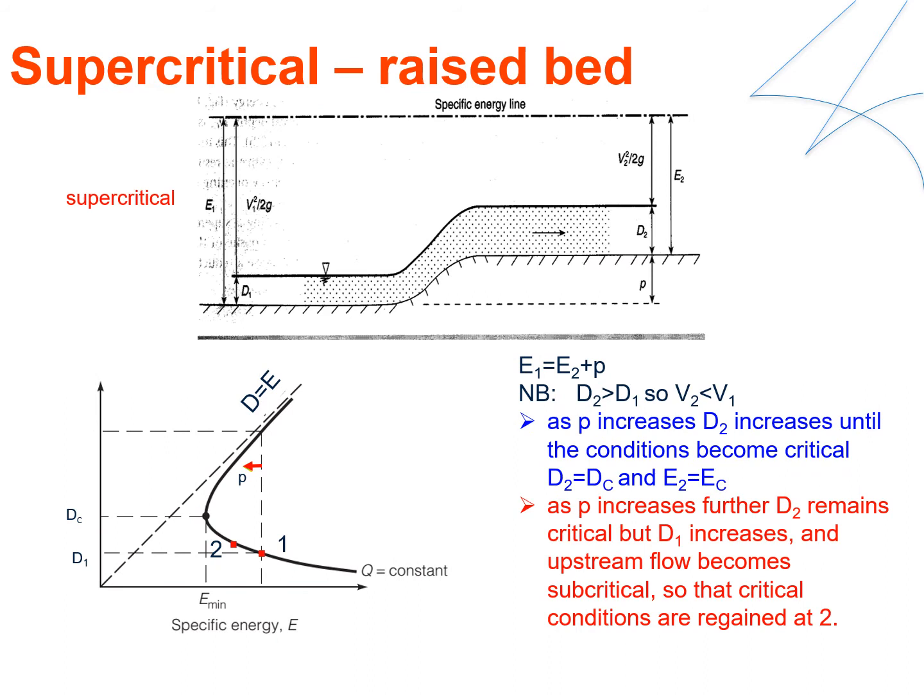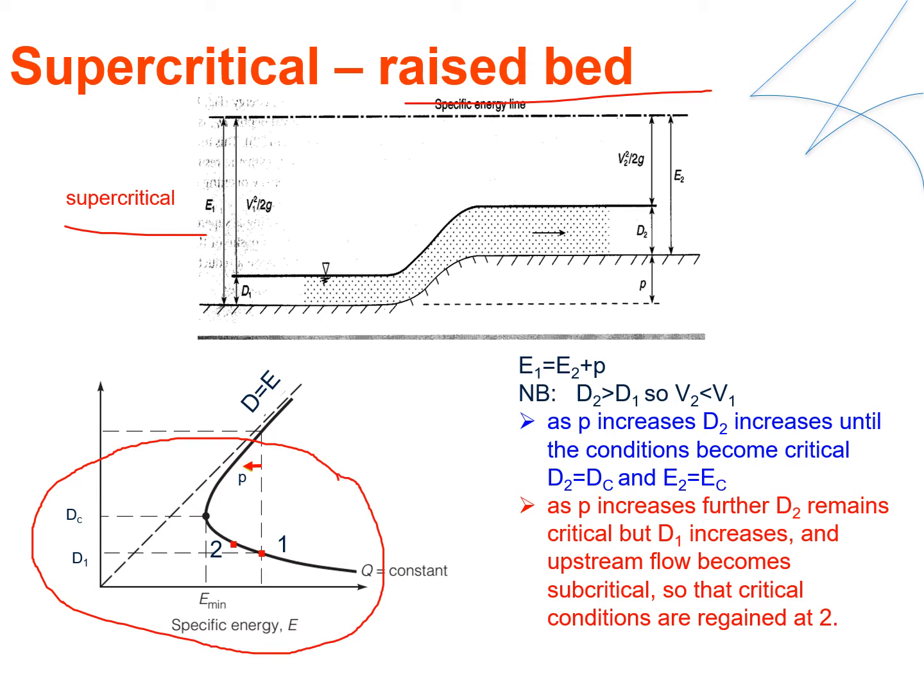Similarly, if the initial flow was subcritical and you raise the bed, what happens? We can see this effect also from this specific energy diagram. Initially, this was the water depth d1, but you increase the bed, which means the depth of water will be increased and velocity head will be decreased, and you can keep on continuing until you reach the point which is dc.